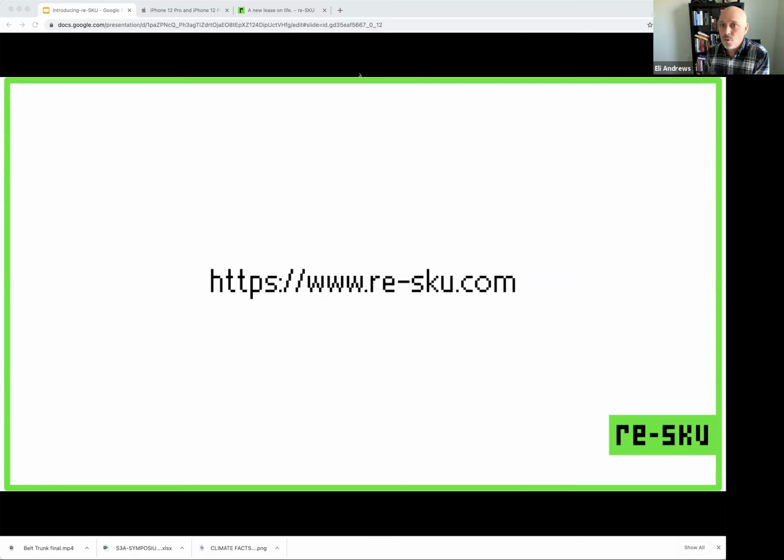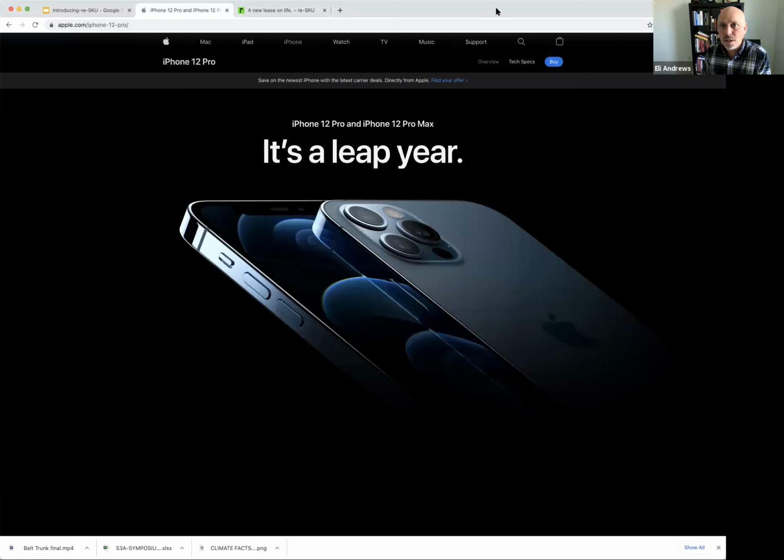So now I'm going to take you to a live demo of where scanning that QR code heart on our jeans currently takes people, which is our product hero page on the re-SKU website. But in order to contrast that, first we're going to look at a traditional product hero page. Can you all see this Apple iPhone?